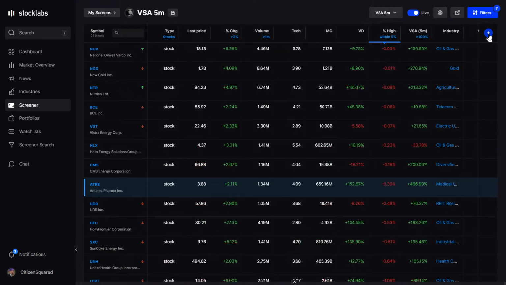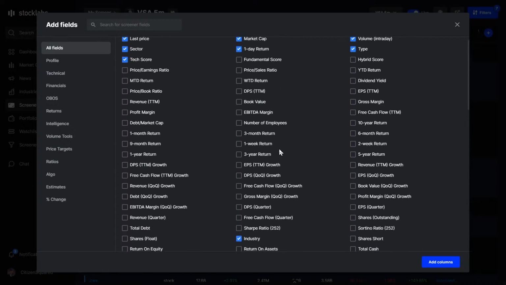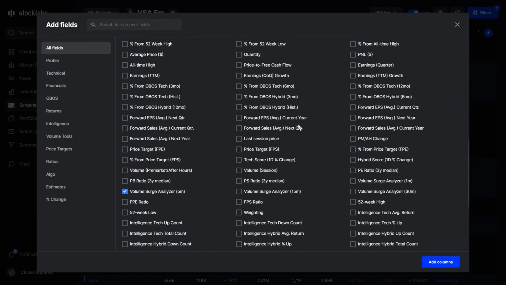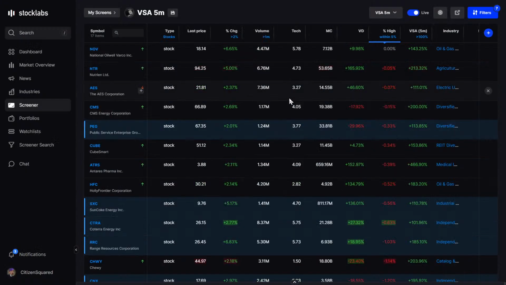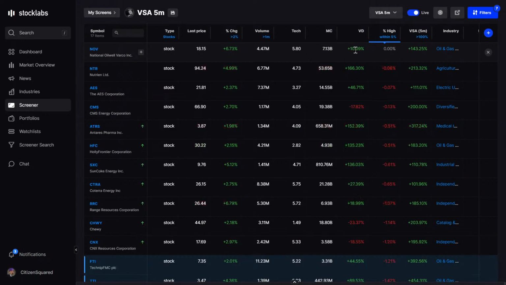All of this you can screen for basically any particular data in Stocklabs that we have, and then we've also got some tools that are built mostly around momentum that you can also add on. So this VD volume delta is a tool that measures the change in volume for the day relative to the average of the past 30 days. And it's taking the current day's volume and prorating it to a full day before making the comparison.